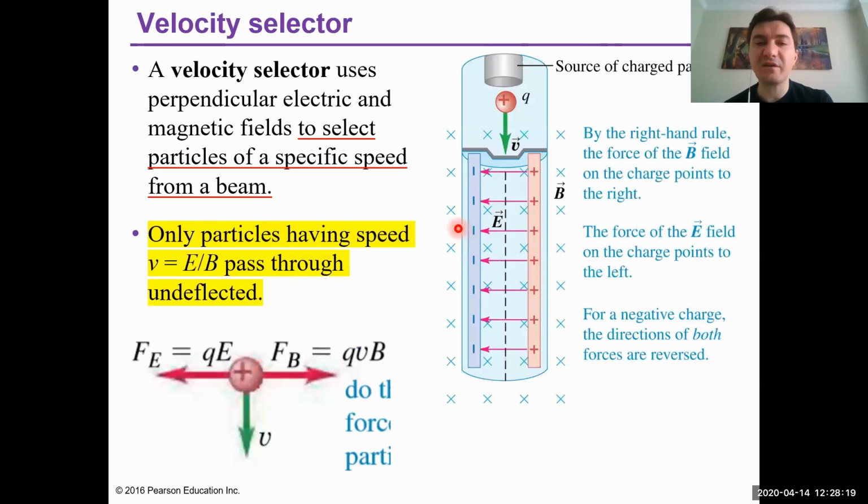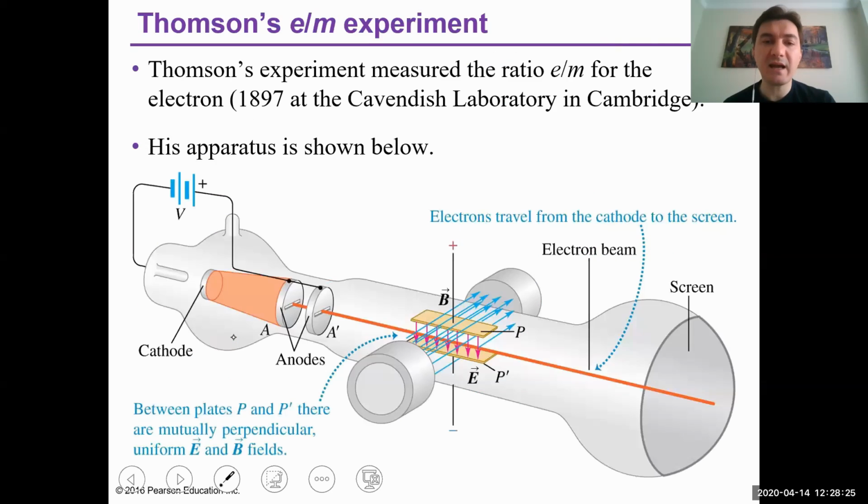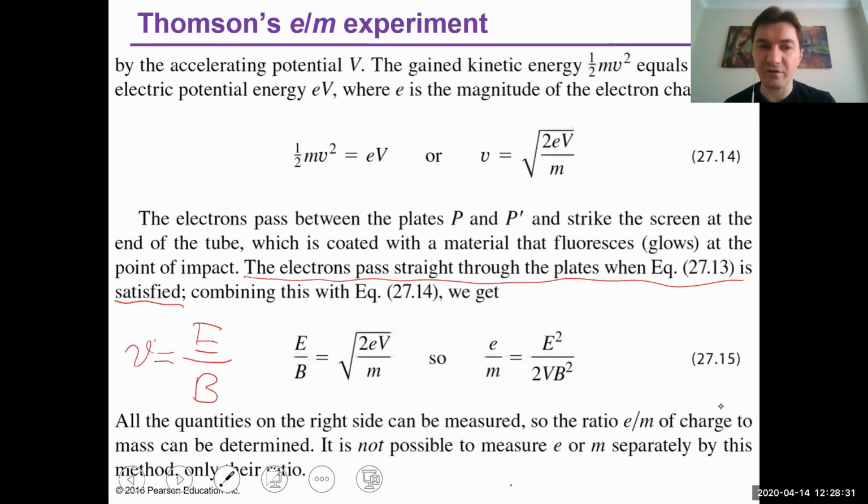If the electric field force and the magnetic field force are equal to each other, we will have that condition. Then the electron beam will go to the center of the screen without any deflection. So in that condition, instead of v, just use E over B. E over B is equal to that velocity here.